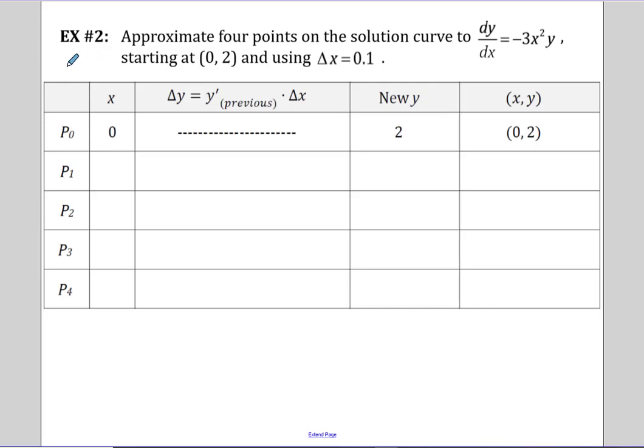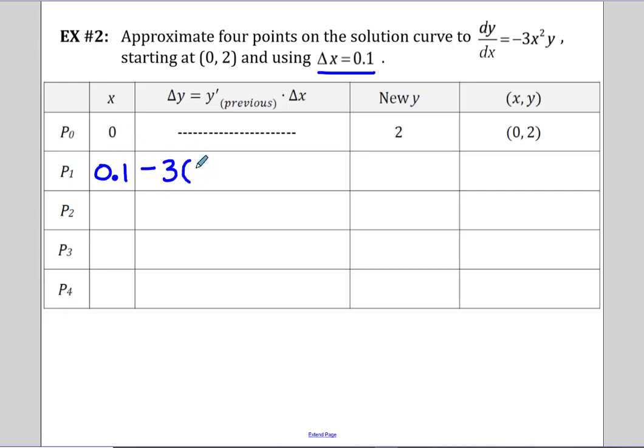In example 2, we're going to approximate 4 points on the solution curve to dy/dx is negative 3x squared y, starting at 0, 2. So we're starting at 0, 2. We're moving our x's up 1/10 at a time. So our first new x is 0.1, and we have the formula negative 3 times x squared.